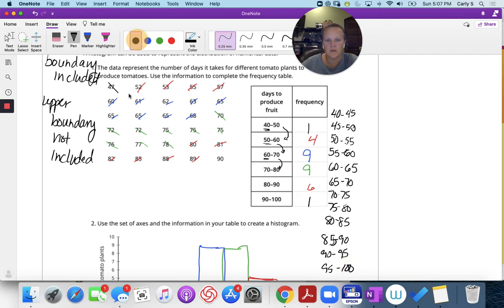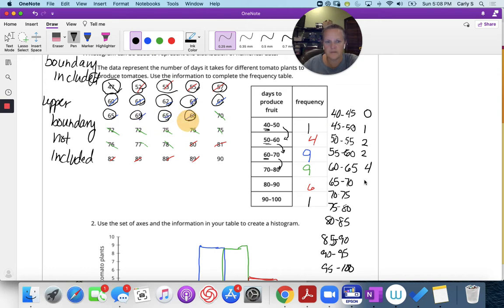This time we're going to use circles. So 40 to 45, 0. 45 to 50, 1. 50 to 55, 1, 2, doesn't include. 55 to 60, 1, 2. 60 to 65, 1, 2, 3, 4. 65 to 70, 1, 2, 3, 4, 5. 70 to 75, 1, 2, 3. 75 to 80, 1, 2, 3, 4, 5, 6.